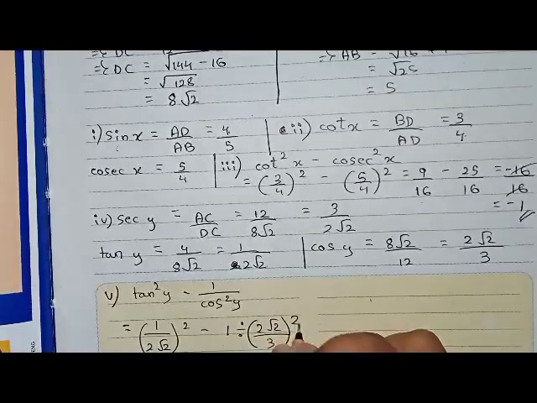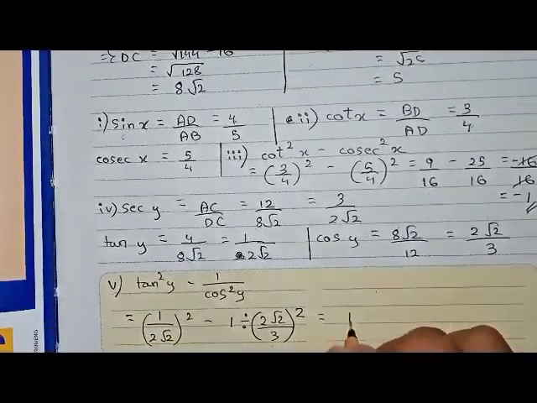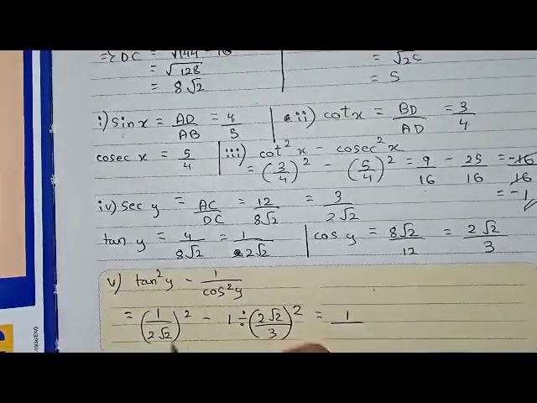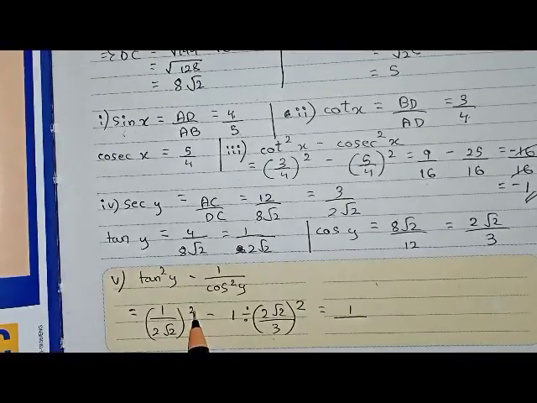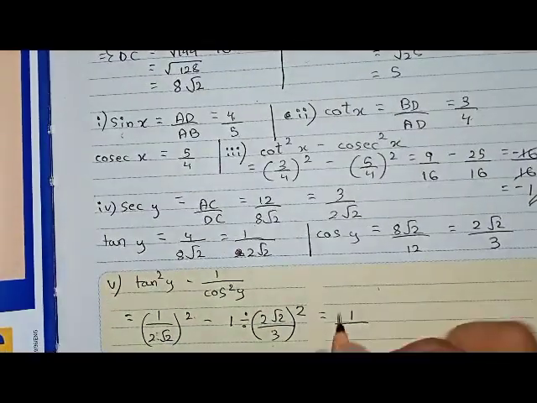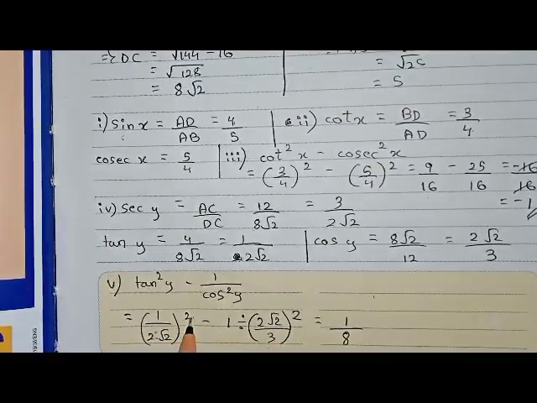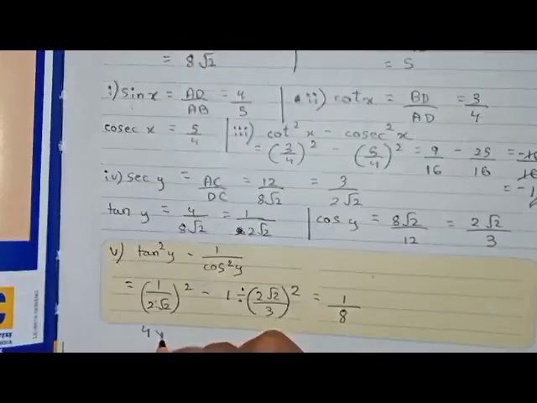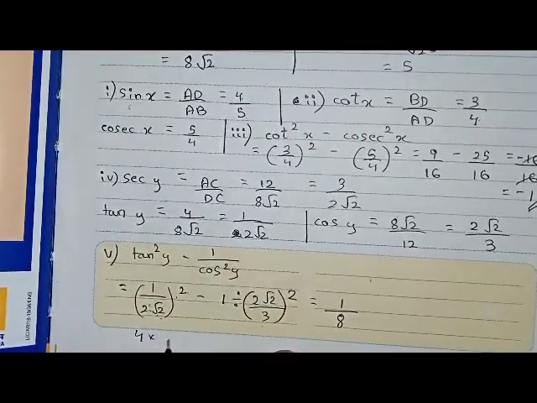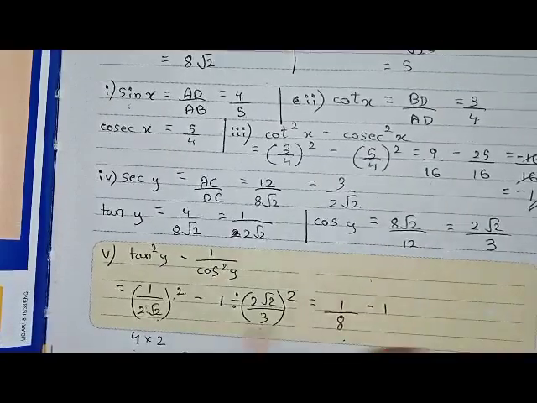Here 1 to the power 2 is 1. Here 2 to the power 2 will be 4 and root 2 to the power 2 will be 2. So 4 into 2 will be equal to 8. Once more I am explaining: 2 to the power 2 is 4 multiplied by root 2 to the power 2, which is 2, so 4 into 2 is 8, minus 1.